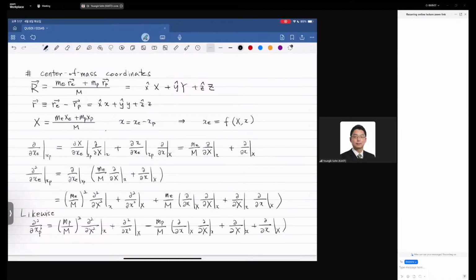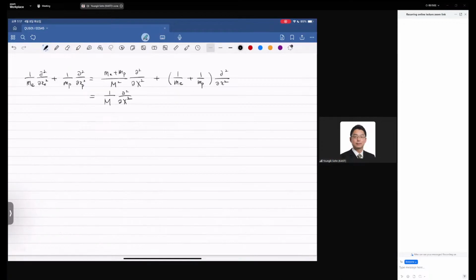That's why these cross terms all cancel out, and you get a rather simple result with the substitution of the reduced mass. This mu is defined as, three lines, a definition. It's called the reduced mass.